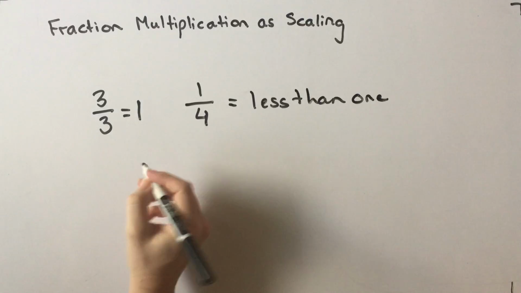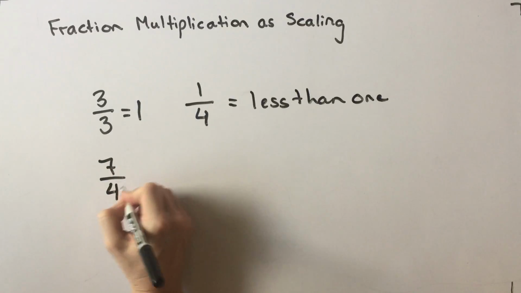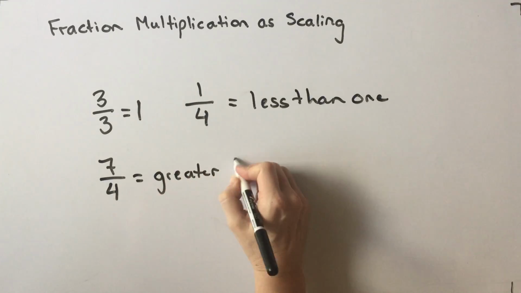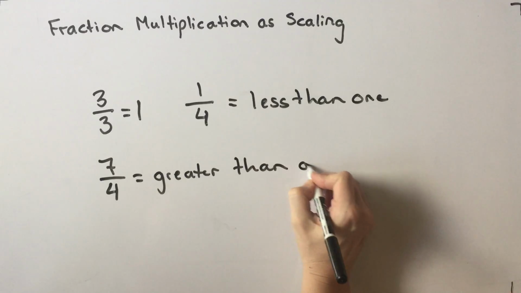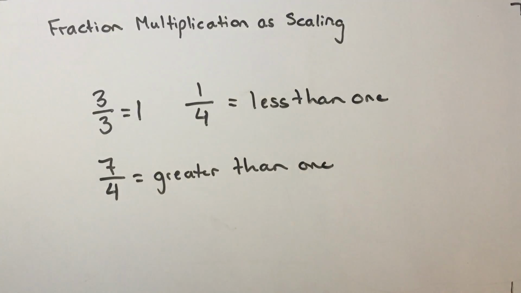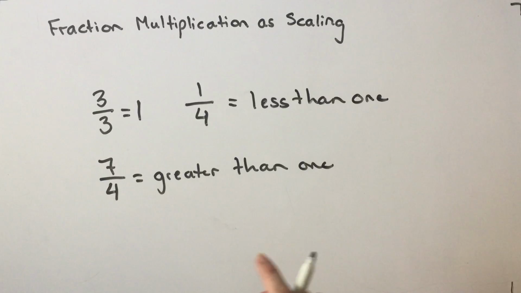And a fraction that is something like this is greater than 1. So if we take any of these fractions and multiply them times another fraction, what's going to happen is we're going to either make that original fraction bigger or smaller.